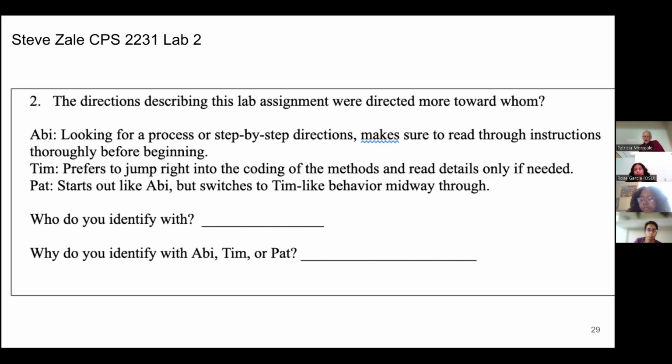I think it also emphasizes the importance of considering diverse perspectives. That's why I made each group diverse, such as those represented by the different personas, Abby, Tim, and Pat. And you can apply this in all the software courses. I hope that helps.